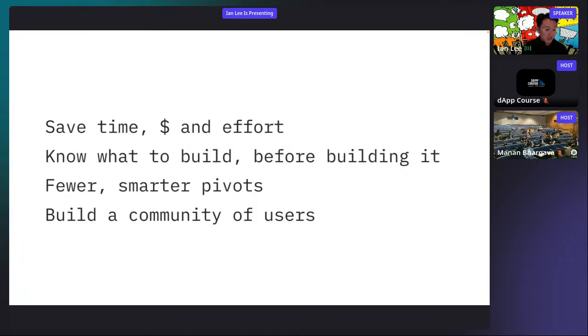And so these interactions that you have in terms of prototyping and validating with users and customers are actually opportunities to build your community if you do it correctly. And as Yat was saying earlier, community is everything in Web3. So people can treat it this way beyond just trying to extract information out of people, but actually use it as an opportunity to build meaningful relationships with users and partners.